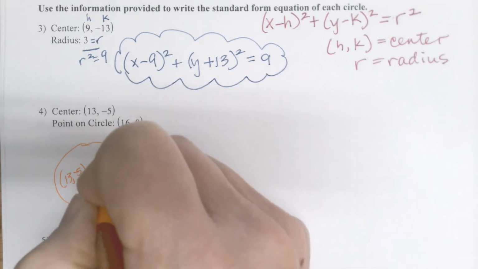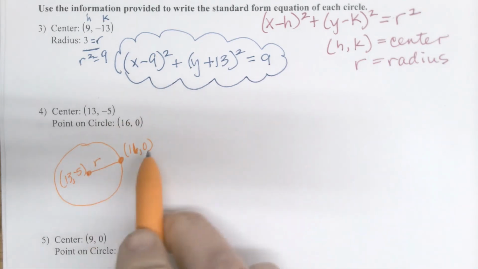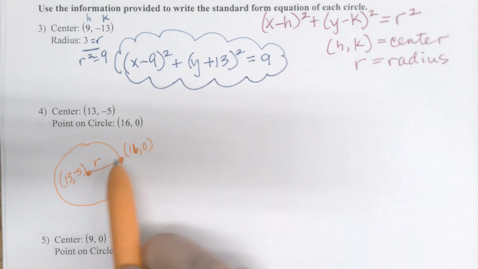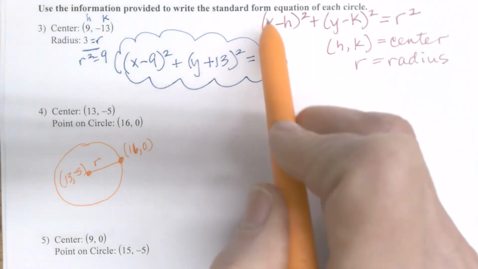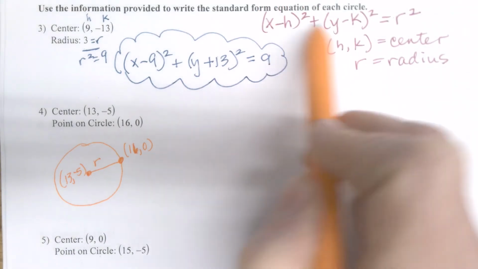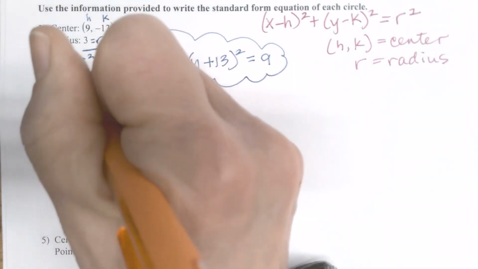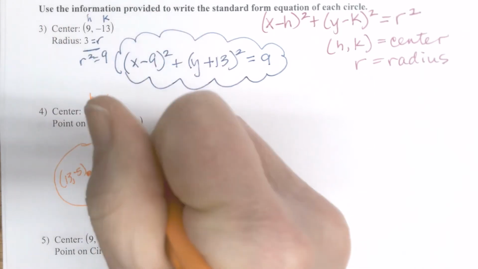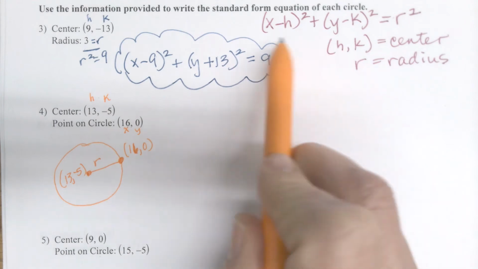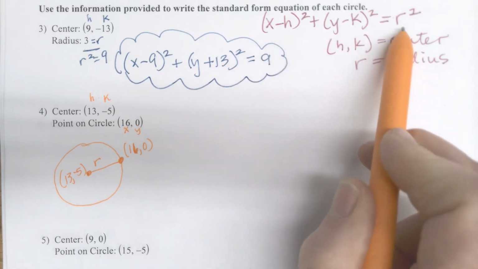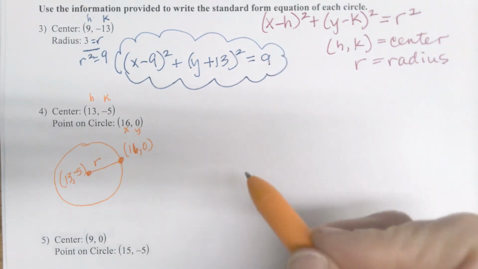I do know that from the center to the point on the circle is my radius, and so I could use the distance formula to find the radius. But since I'm using this equation of a circle and I happen to have the center, I have h and k, and I also have an x and a y, I can just plug them into this formula to find my r squared. That's a quick, easy way to do it.